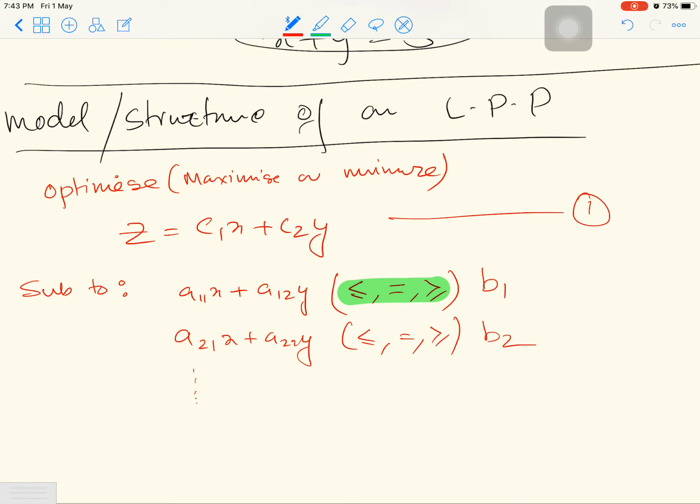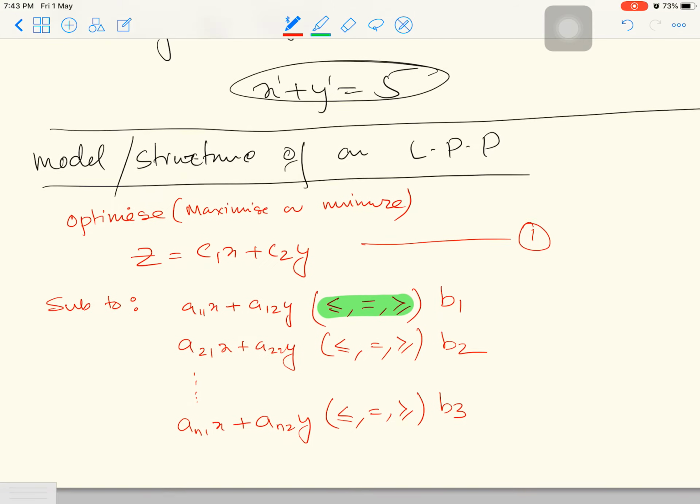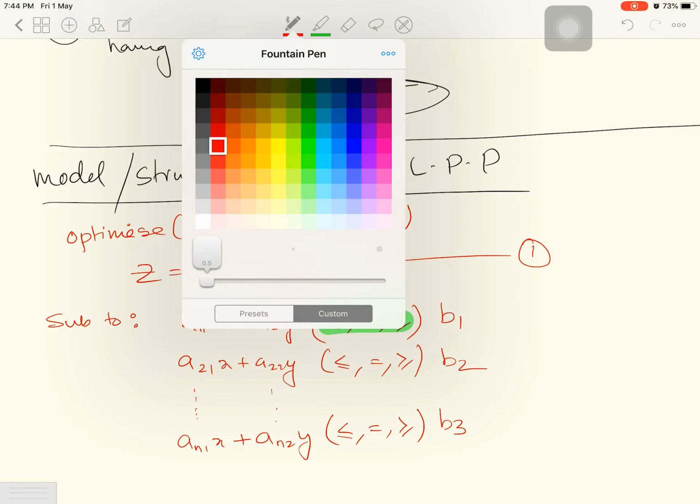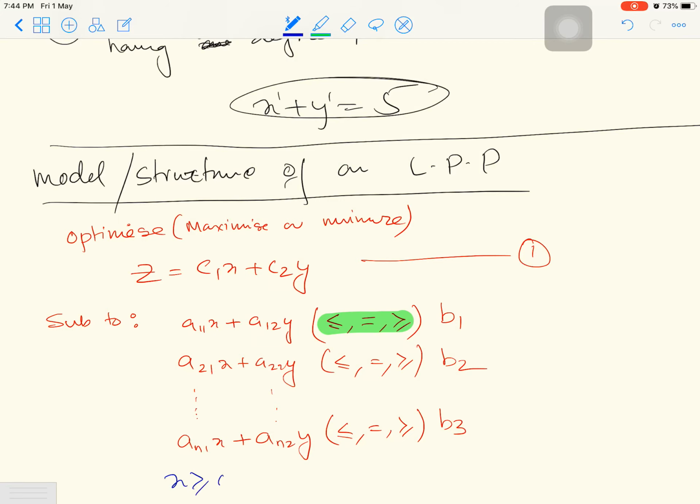And similarly, likewise, we have n number of equations, an1x plus an2y, less than or equal to or more than or equal to B3. There can be any number of such equations. And finally we have, in blue, x greater than or equal to 0, y greater than or equal to 0.